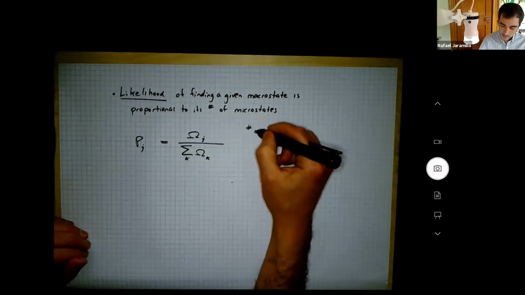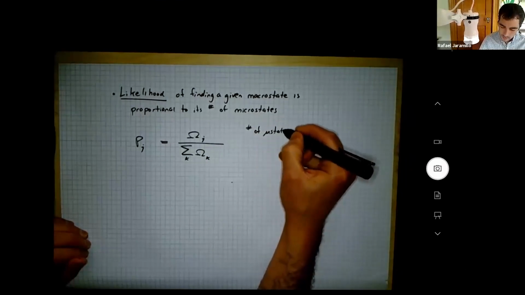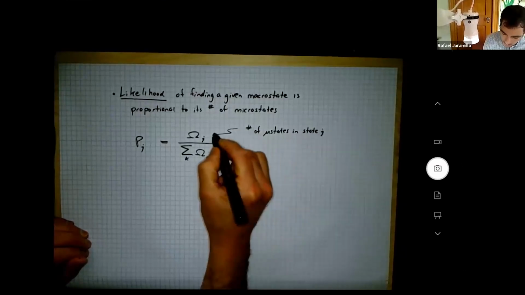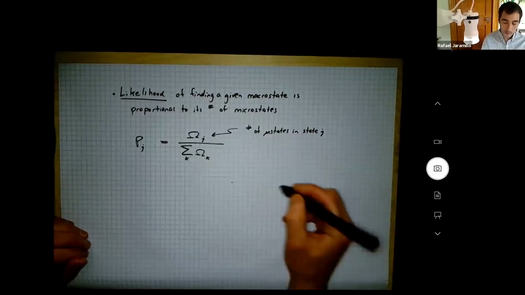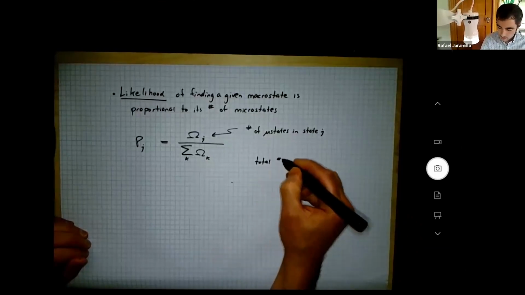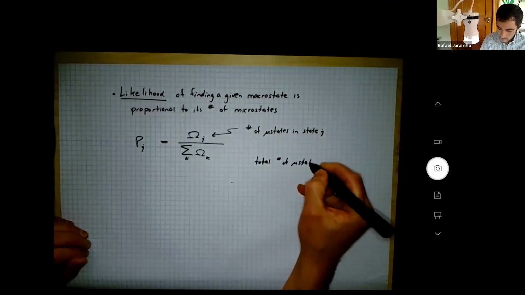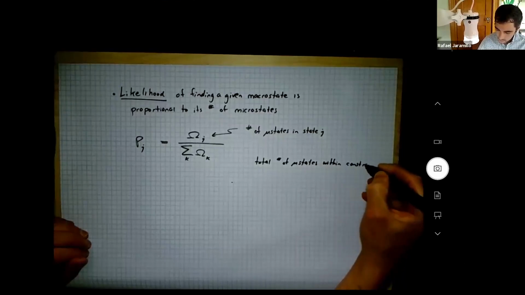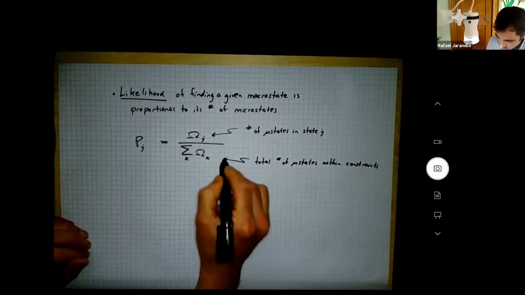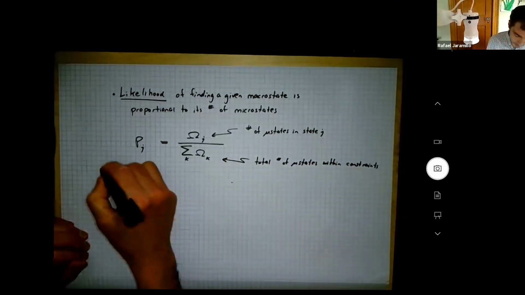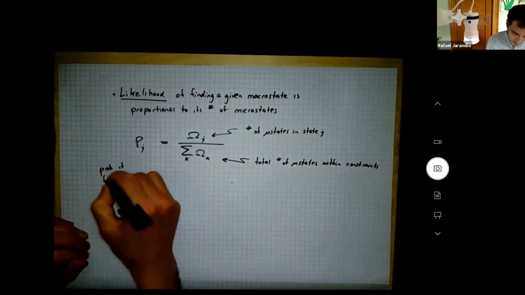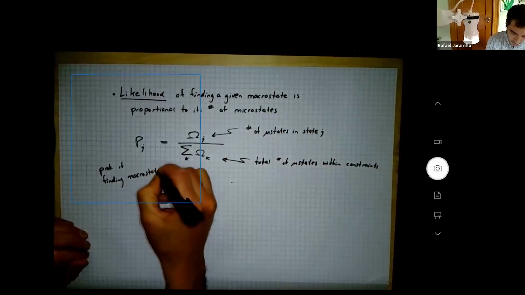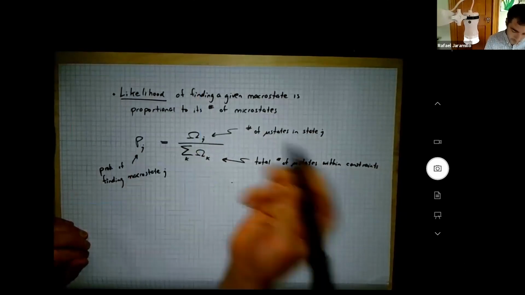There's the number of microstates in state J, this is the total number of microstates within constraints, and this is the probability of finding macrostate J.